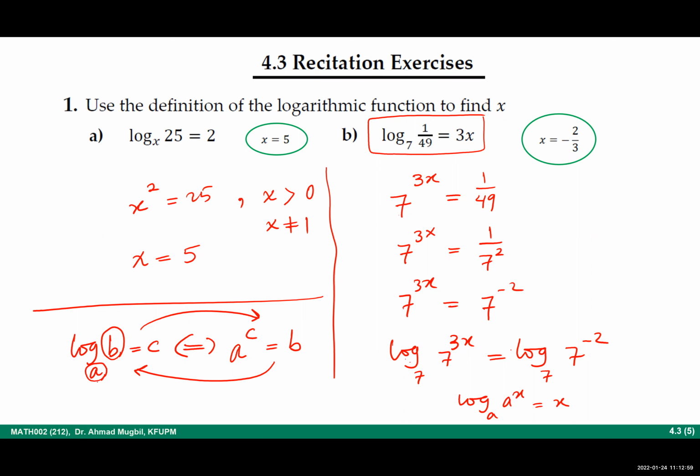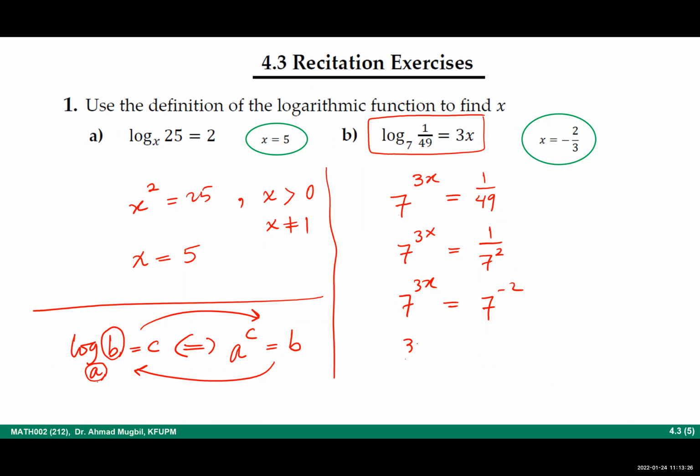So this will cancel and you will have 3x equals negative 2. But I think it is much clearer without logarithm, okay? But you need to keep this in mind because in some situations, when the bases are not the same, you need this. So if the bases are not the same, you need to apply log to both sides. We will see that in section 4.5 at the end of the chapter.